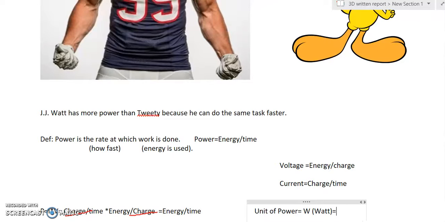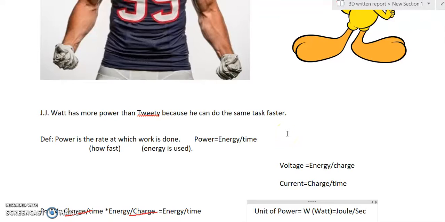And of course, if we want to put this as energy per time, 1 watt is 1 joule per 1 second. So it's really energy per time.